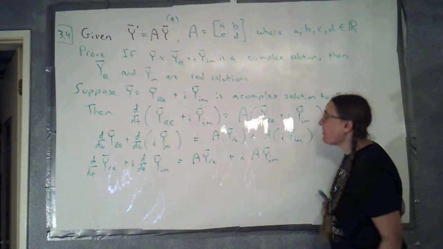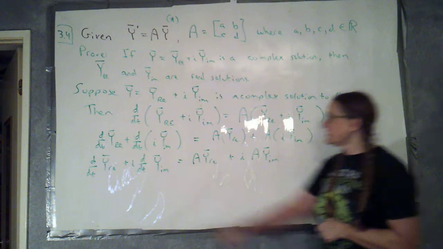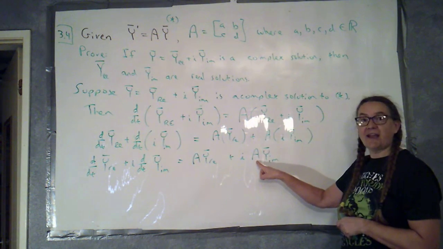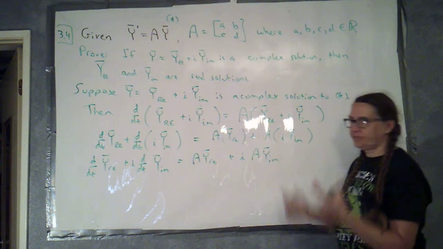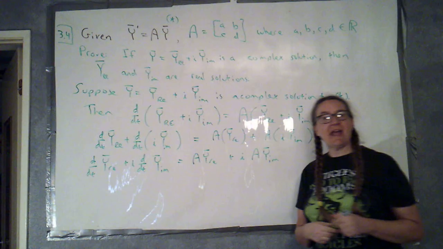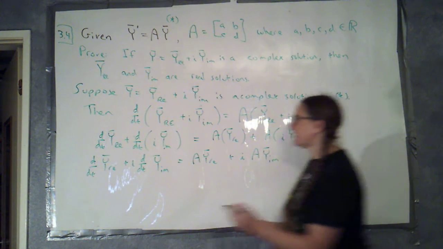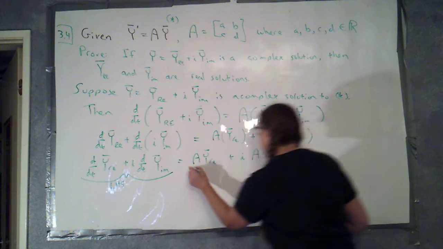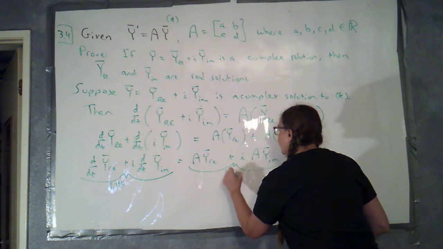The imaginary part is a real valued function, so its derivative is real valued. And when I multiply a real valued function by A, it's still real valued. Okay. So I've got my left-hand side, which I know is equal to my right-hand side.